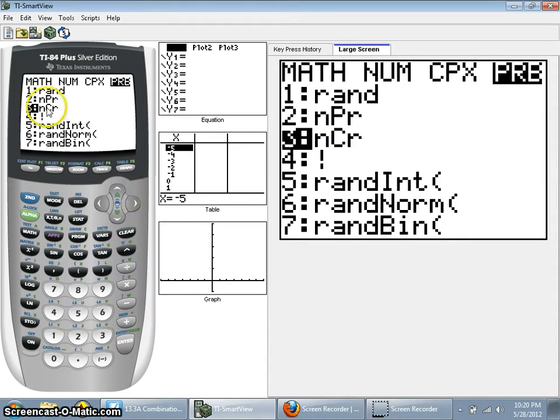If I scoot down to nCr, I can do combinations. Remember, the factorial was permutations, where you're just straight up choosing all of the things.